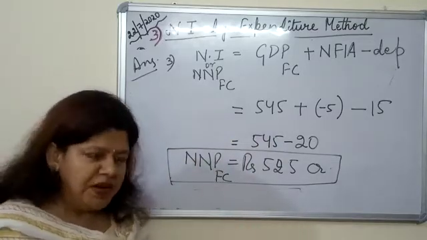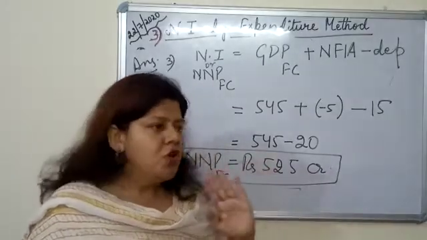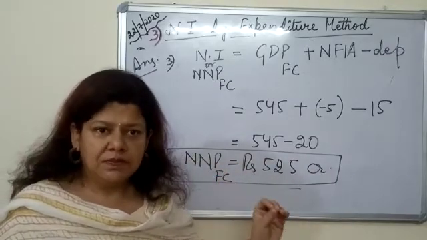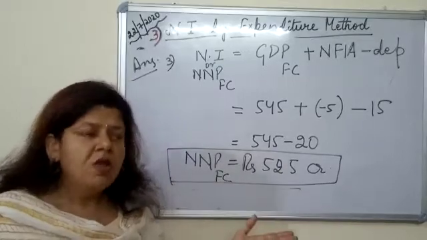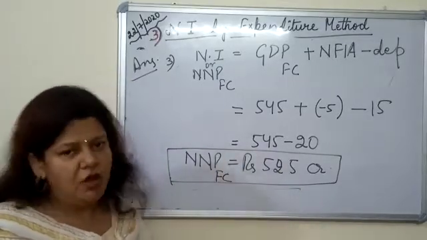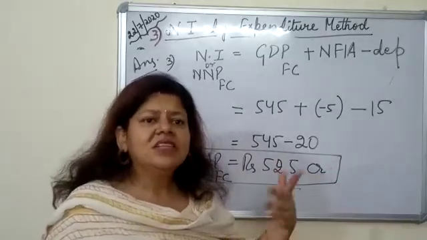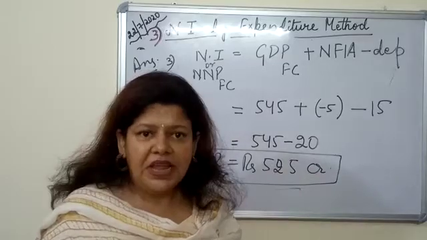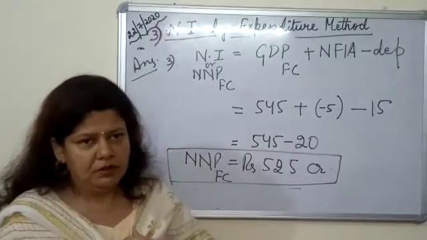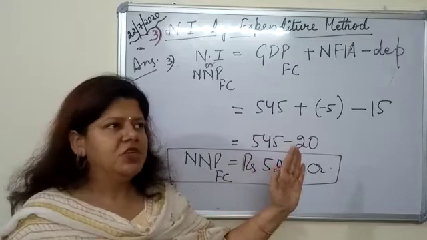Expenditure done on second hand goods by the public will not be treated in national income. Expenditure on shares, expenditure on bonds will not be taken because it is duplication of the transfers of shares. Imputed value, that is estimated value of any good, is not taken. Actual value will be taken when we calculate national income by expenditure method.